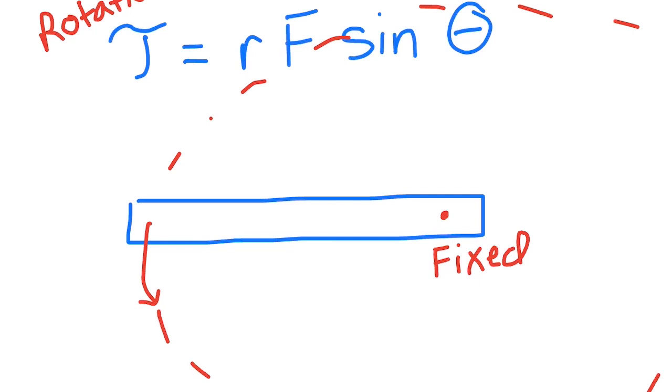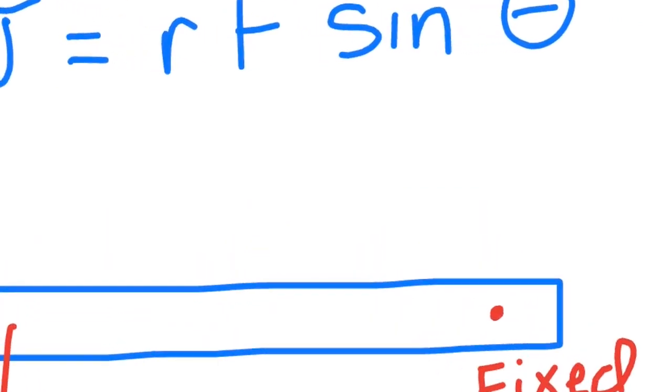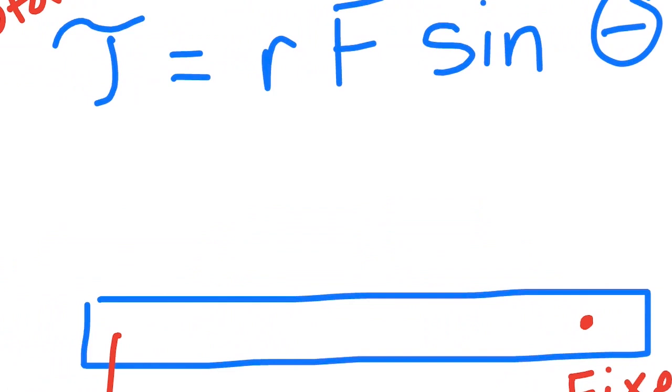So if your fixed point is the center of that circle, R would be your radius. But in most of the scenarios that we see with torque, we're not going to see that full circle. We're going to look just a little bit closer in, and so sometimes it's easy to lose the appreciation of that concept of a full circle. But that's what torque is: rotation around a fixed point. And so R will represent your distance.